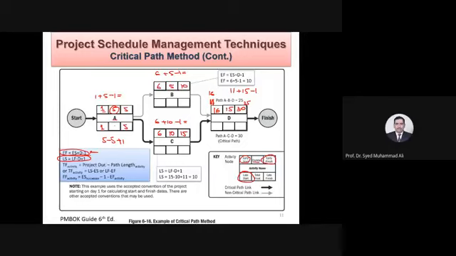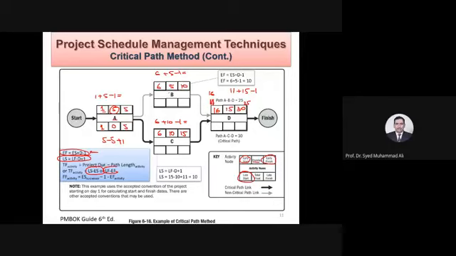Now this middle is the float, and float is what? Either LS minus ES or LF minus EF. 5 minus 5 or 1 minus 1, 0. You cannot delay activity A by even 1 day. Got it? Your early start and early finish are the same, and there is no float.